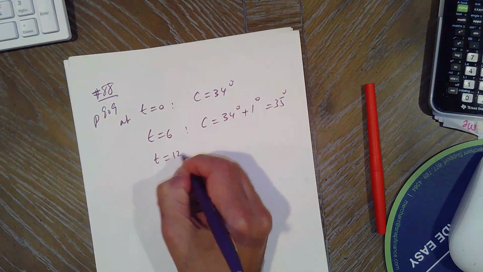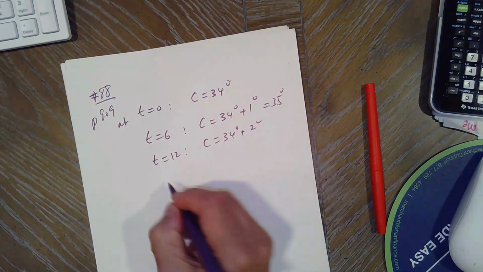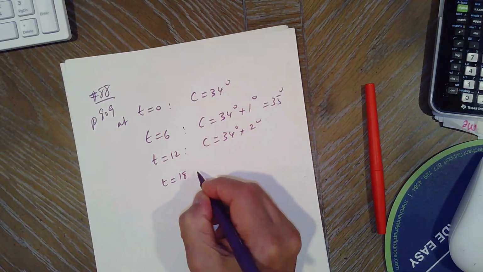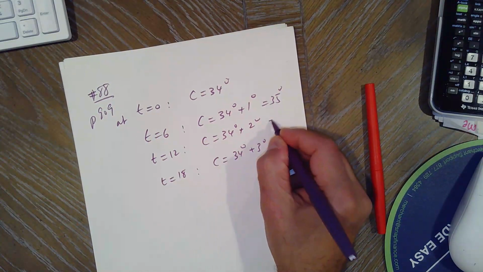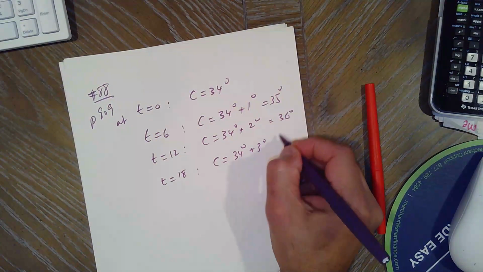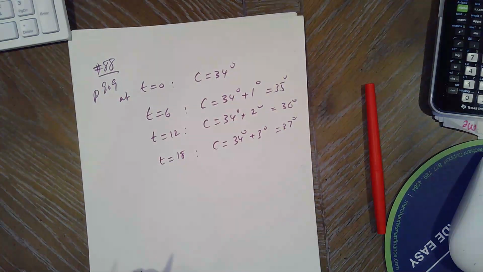At 12 hours, it's 34 degrees plus 2. At 18 hours, it's 34 plus 3 degrees, and so on. So we want to write a composite function that expresses the Fahrenheit temperature as a function of the number of hours from now.